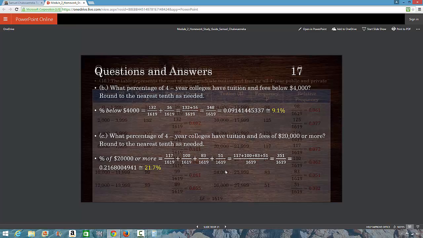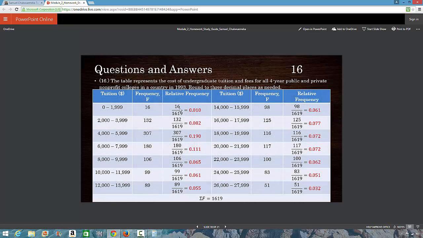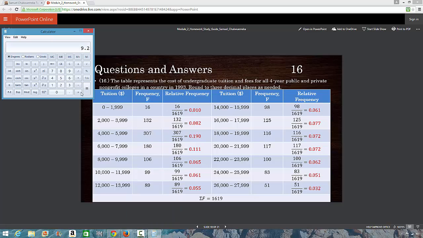Why? You rounded these. Do not use the rounded values. Use 16 over 1619 plus 132 over 1619. They have the same denominator, so you just add the numerators. 16 plus 132 equals 148, divided by 1619.